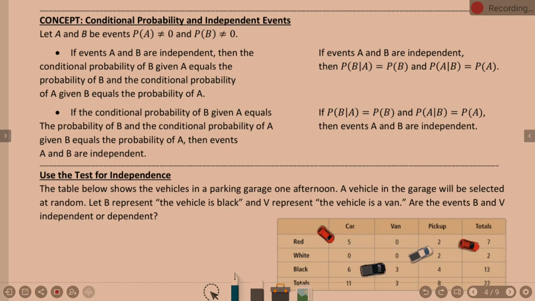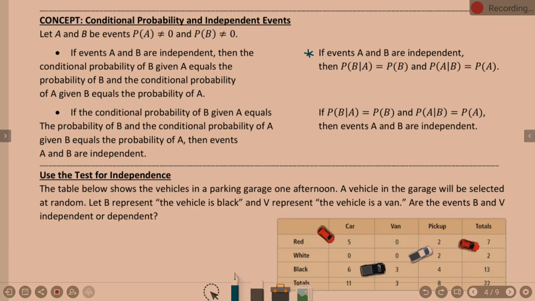Let A and B be events where neither probability is 0. If the events are independent, then the conditional probability of B given A equals the probability of B, and the conditional probability of A given B equals the probability of A. Okay, that's a lot of mumbo jumbo, right?